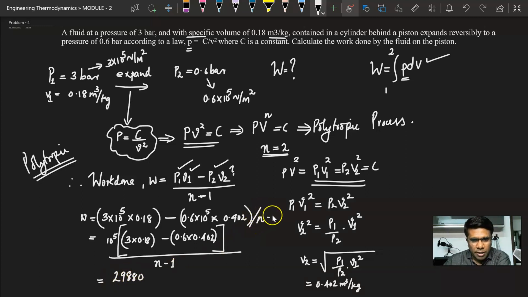This is P1 V1 minus P2 V2 by n minus 1. N is 2, therefore 2 minus 1 will become 1, and the value will be in joule per kilogram. The unit is very important. The work done W is equal to 29880 joule per kilogram.